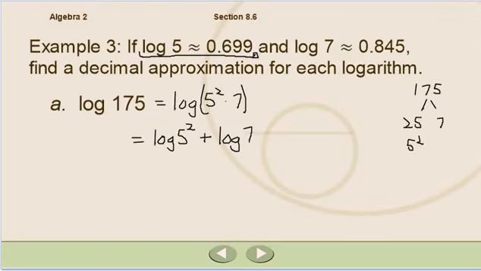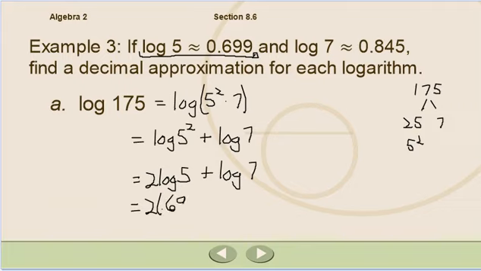And then this 2 can come out front because of the power rule. So we have 2 log of 5 plus log of 7. And now in our directions, these two logarithms are defined. So this is 2 times the log of 5, which we were told was 0.699, plus log of 7, which was 0.845.